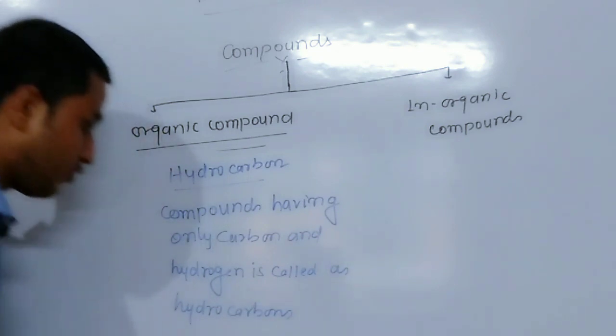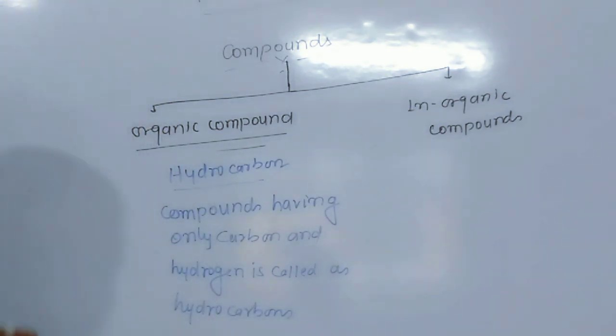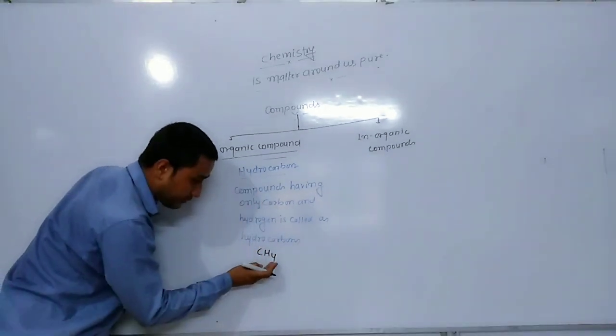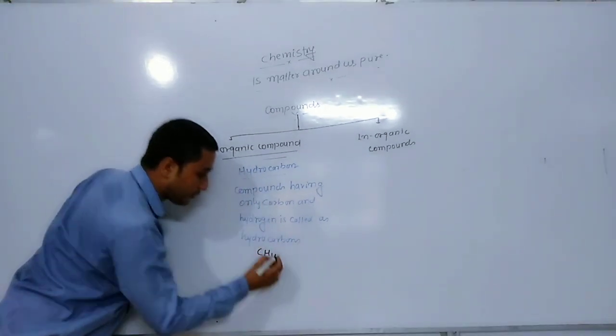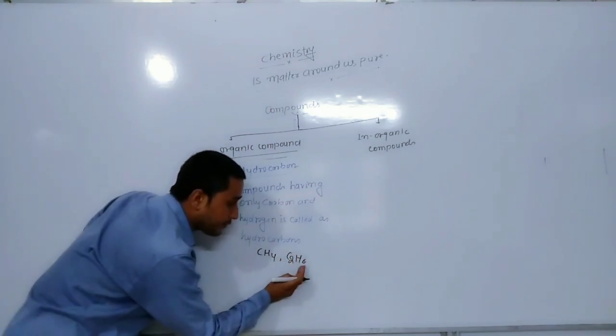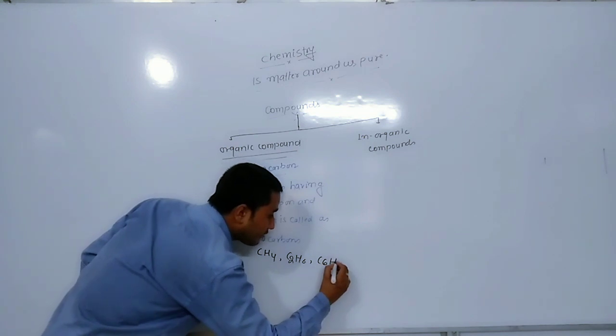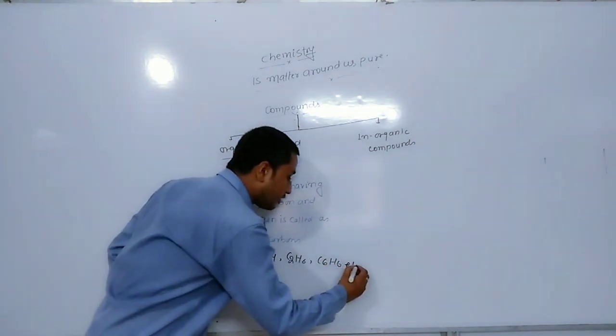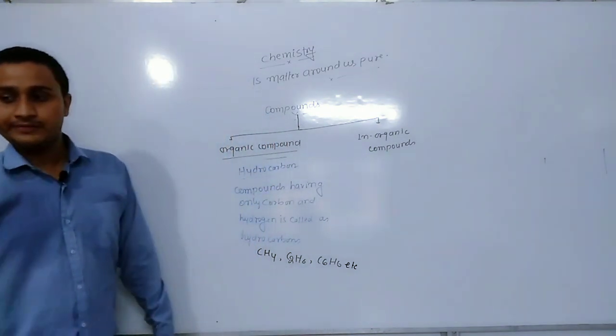Okay, hydrocarbons. For example, see, CH4. It has only carbon and hydrogen, so it is called hydrocarbon. C2H6. Again, see, it has only carbon and hydrogen. C6H6. It also has only carbon and hydrogen. So these compounds are called as hydrocarbon.